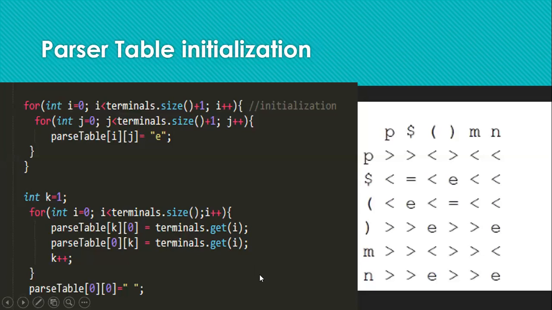We are generating the terminals on the left and top, such as P, dollar, bracket signs, M and N. M represents the multiply sign, and P represents the plus sign, as stored by Ghias. There are two for loops, also two nested loops, which are initializing and assigning values for the variables, which you can see on the table.